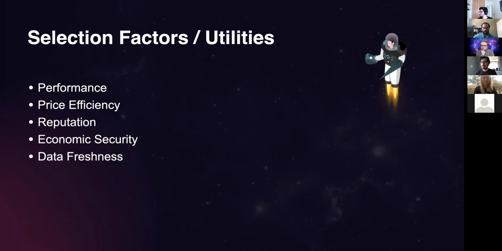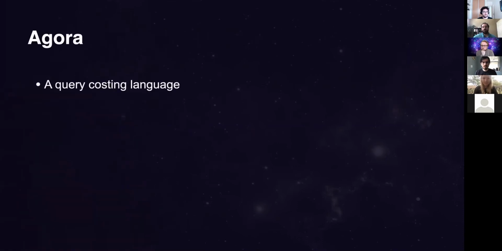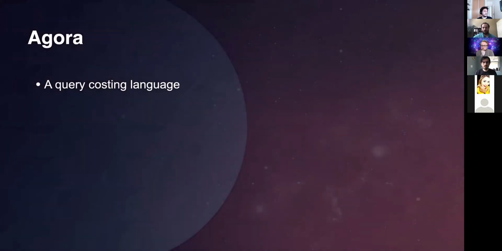All right, so once an indexer is selected, we have to determine what the price for an actual query is. And the way that you're going to be describing your prices is in this new query costing language called Agora.